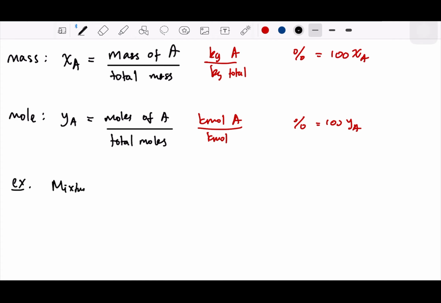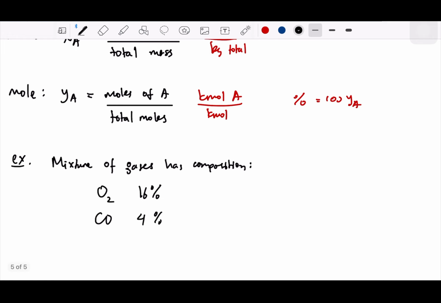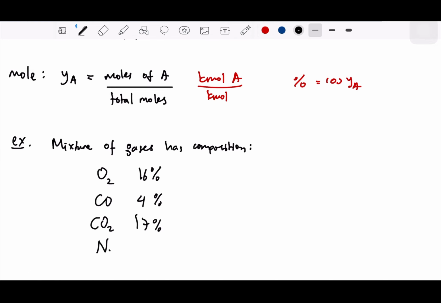A mixture of gases has composition: oxygen 16%, carbon monoxide 4%, carbon dioxide 17%, and nitrogen 63%.